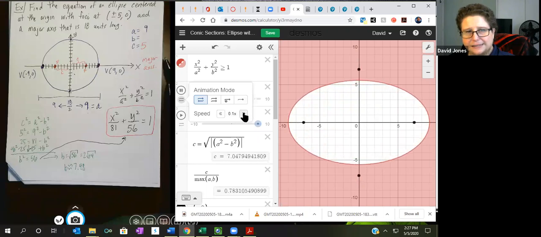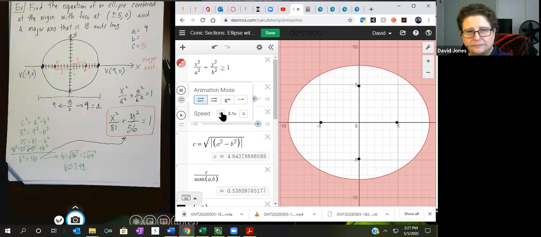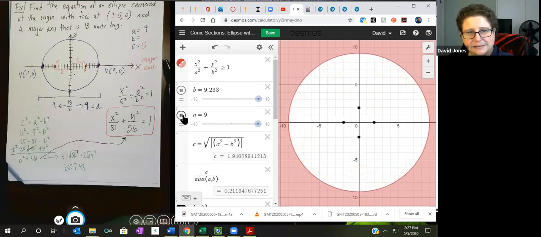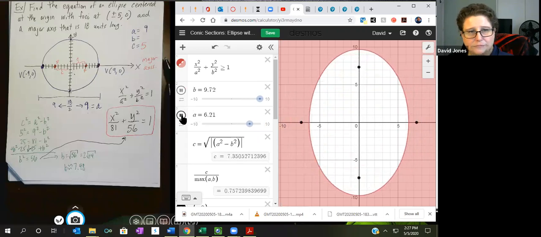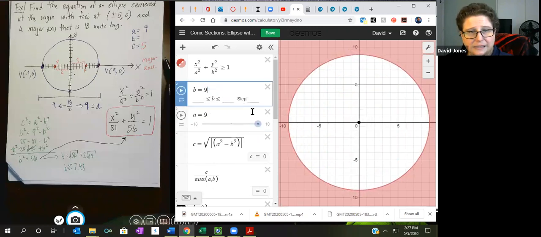A little bit faster. Well, when A and B are the same, the focal points are overlapping. There's just one. They're at the center, and it makes a perfect circle.